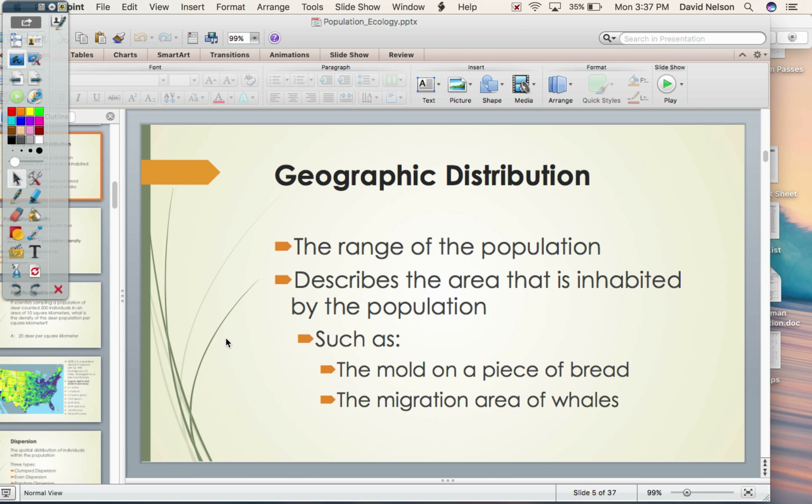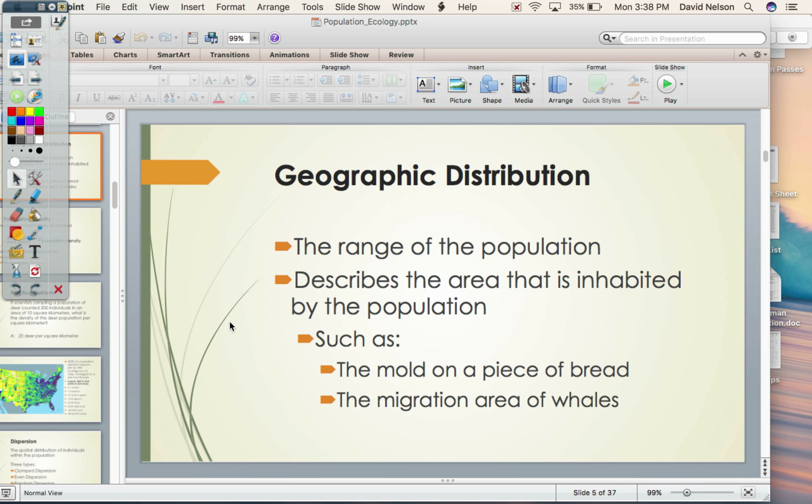So first, geographic distribution. It's the how population is spread out across their habitat. So it's going to be the range of the population, or a description of the area that is inhabited by the population. So we can be as small scale as mold on a piece of bread.